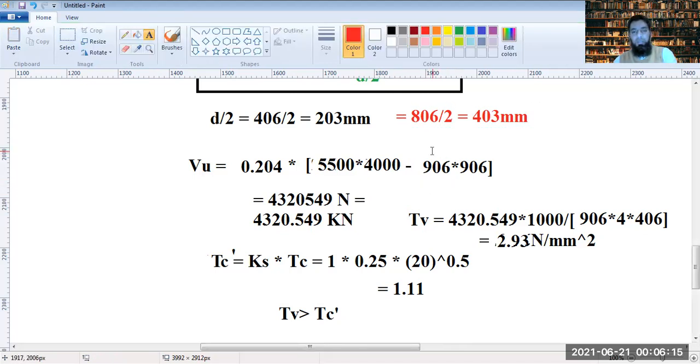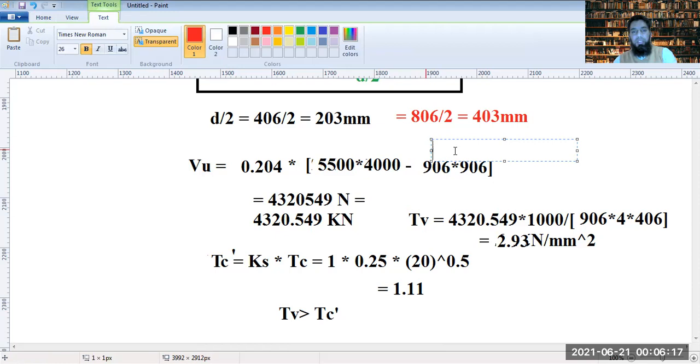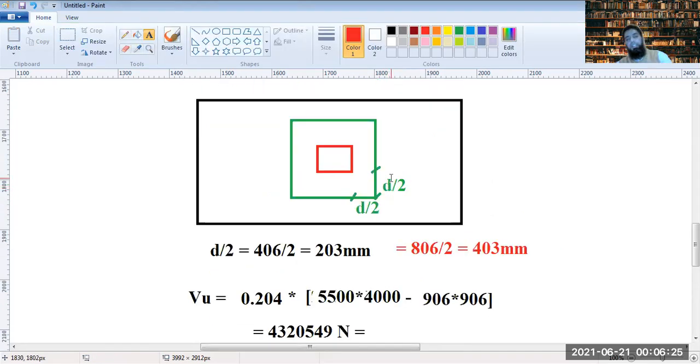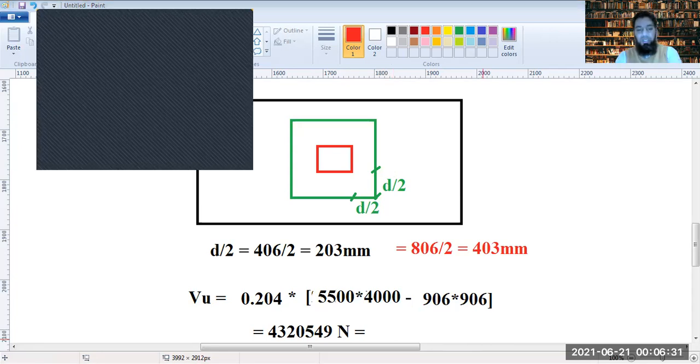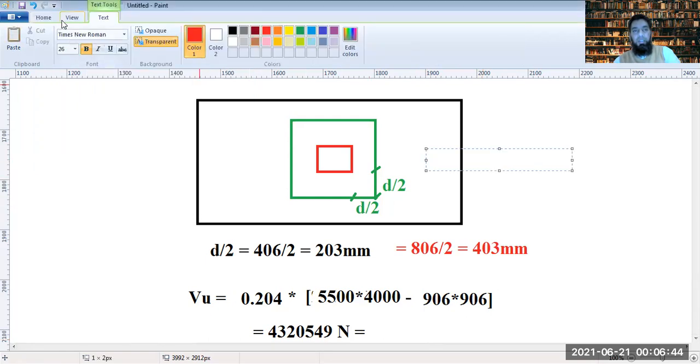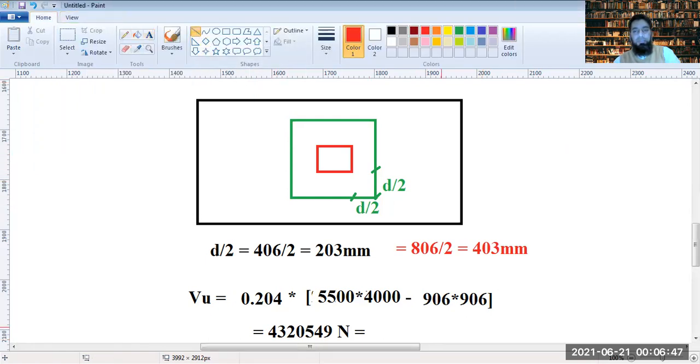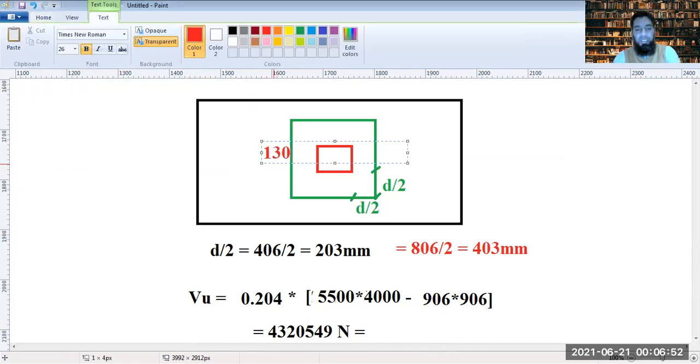So your d by 2 is actually changing now. That's 403 plus 403, 806 plus 500, that's 1306 in either direction. Sorry, I'm talking about this. This is 1306.